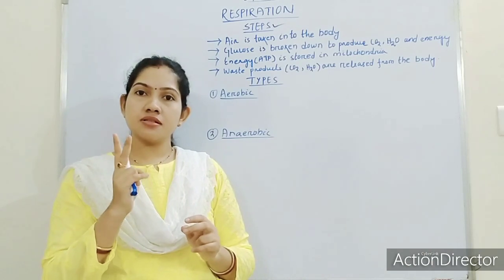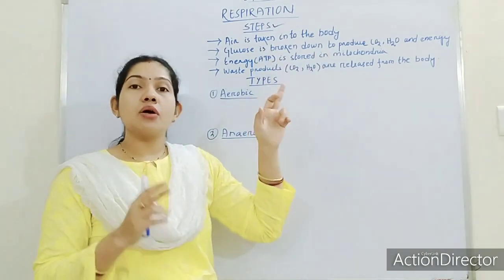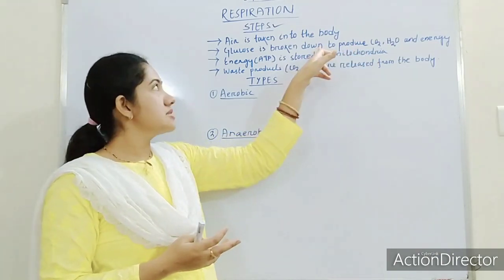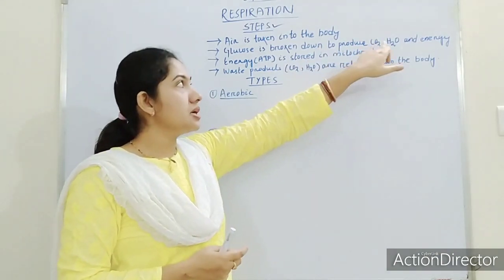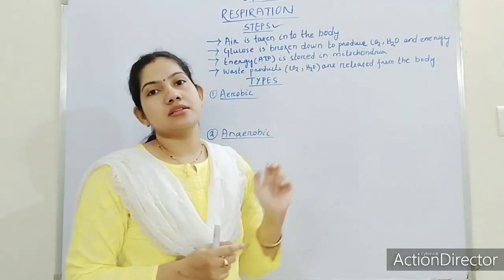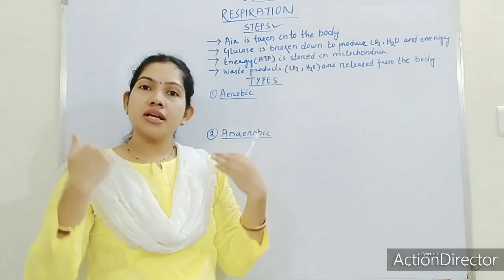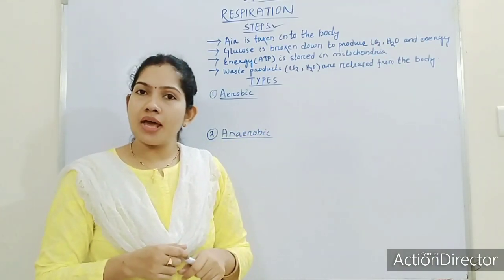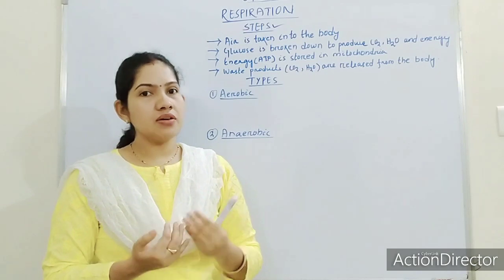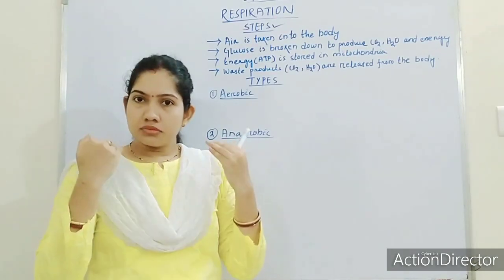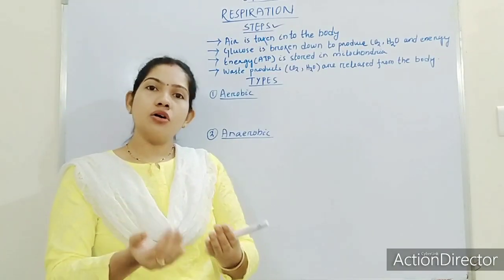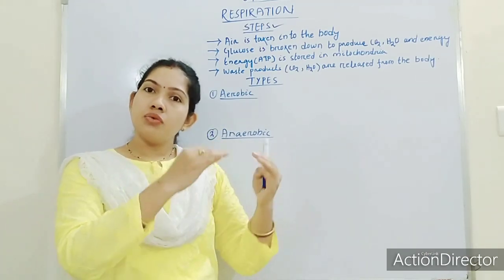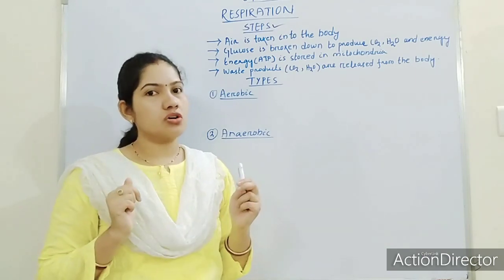The second step is glucose is broken down in the presence of oxygen to produce carbon dioxide, water and energy. If we take the body of an animal, then from the food that we take we get glucose, and we inhale oxygen from the atmosphere, and that glucose will be broken down in the presence of oxygen.